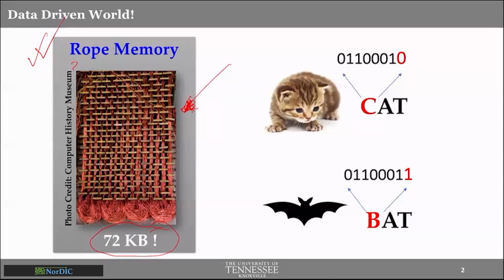The storage capability of this memory technology was 72 kilobits and kilobytes. And if you think about it, nowadays you wouldn't even be able to store a single image within that much storage, right? So we are living in a data-driven world. We are living in an age where digital data is being created in an unprecedented proportion. The importance of memory devices was always there, but it has drastically increased within this decade and the previous one.